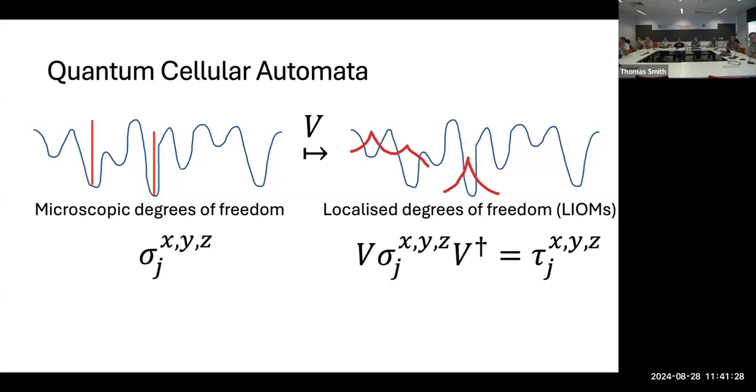And you can do something similar for the many body case. Just like qubit systems, I can think about the unitary V, which maps Pauli operators to these tau operators, one of which is this tau z, the local integrals of motion. So these are local. And such a V exists whenever you can find an associated tau x to these tau z's.